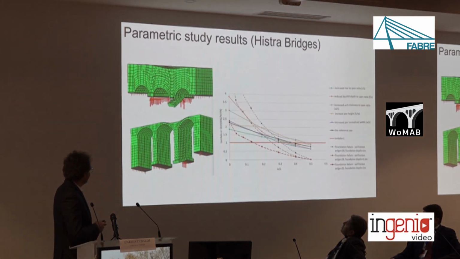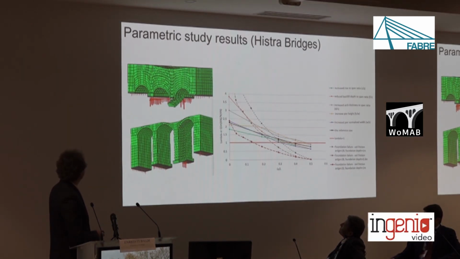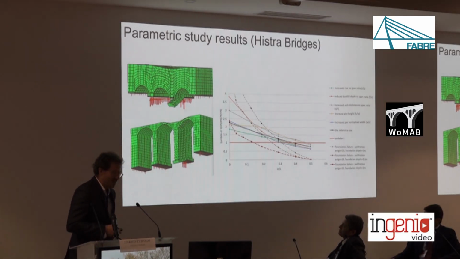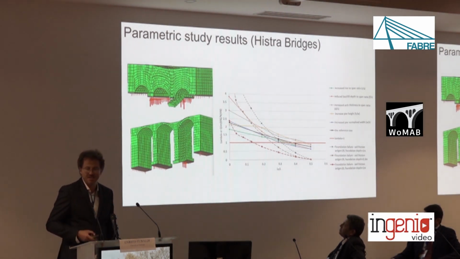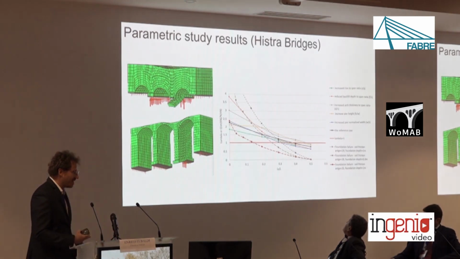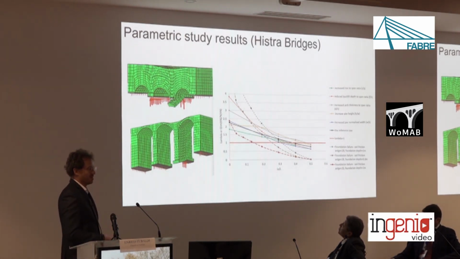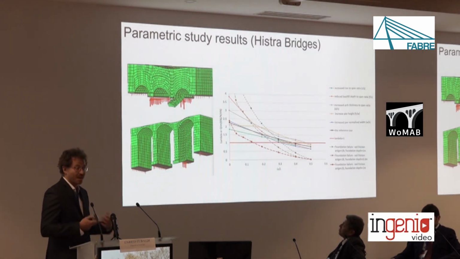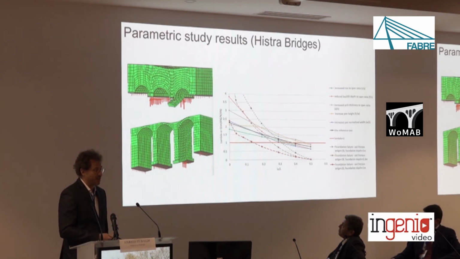And then this is another more recent unpublished study that we did for National Highways, which is the biggest highways operator in the UK. They needed to have an idea of what were the most critical geometrical configurations of masonry arch bridges that could fail due to scour in order to prioritize risk mitigation interventions.